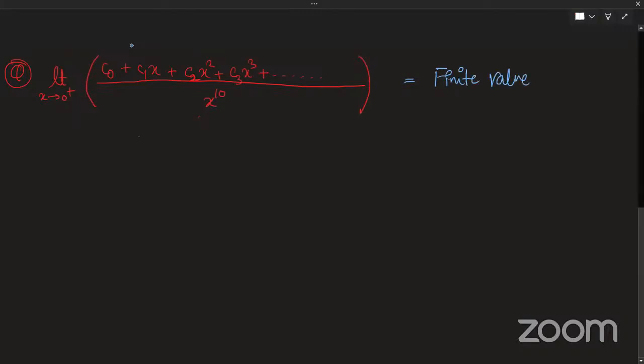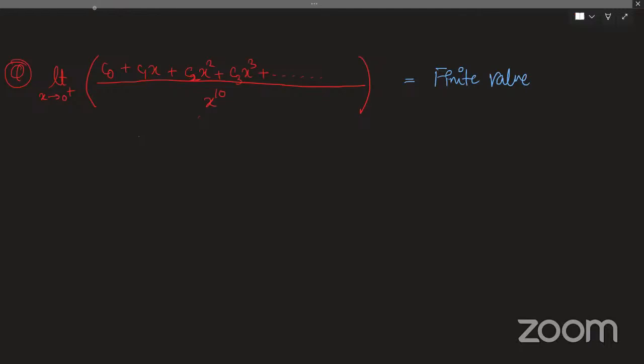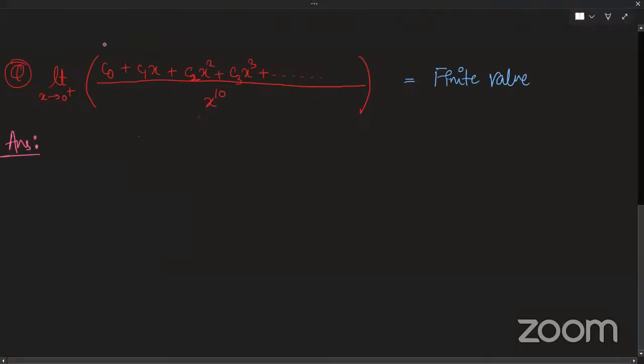So what can you infer from this? What can you conclude from this? Did anyone think about it? X power 1, X power 2, X power 3, X power 10.